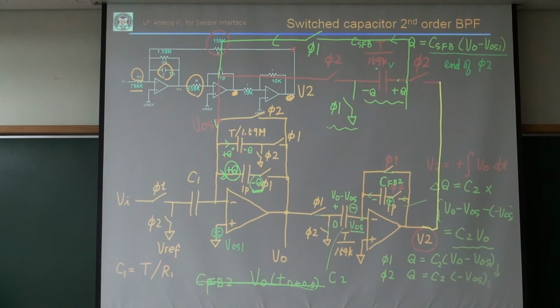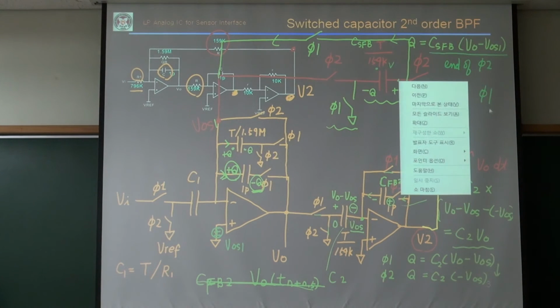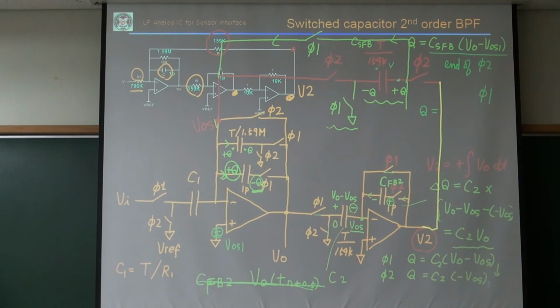Then at the end of phi 1 phase, what charge will be left here? This node voltage will be VOS1, right? How about this node voltage? It is 0, right?